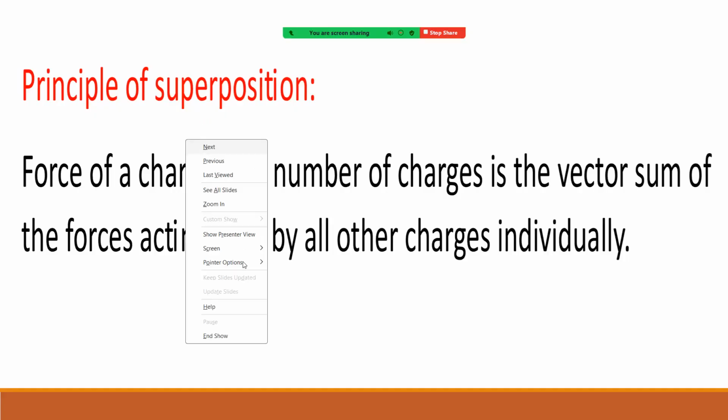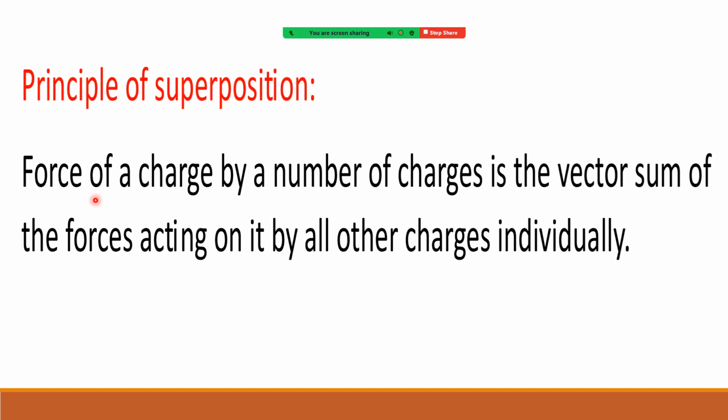We can see the statement here. Force on a charge by a number of charges is the vector sum of the forces acting on it by all other charges individually.